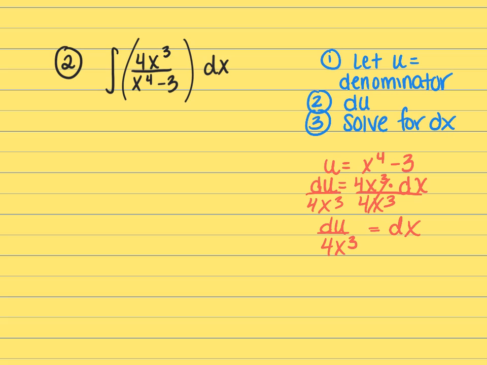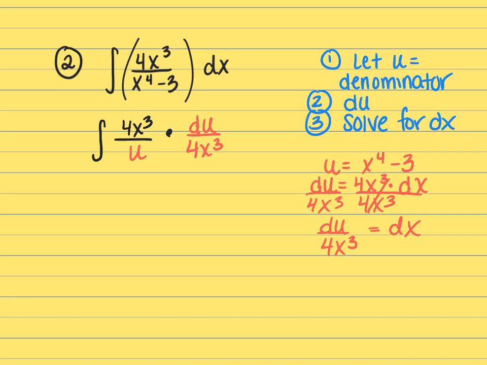So now that we have all of our information, we're going to go back to the problem, and my 4x to the third can stay on the top, and the bottom is u, and the dx is du over 4x to the third.